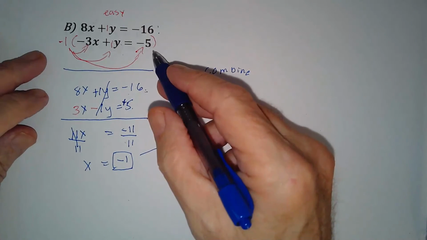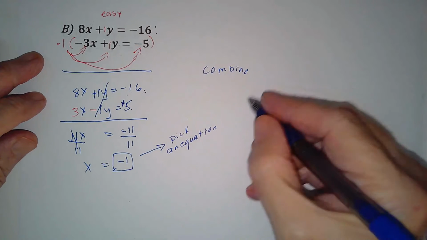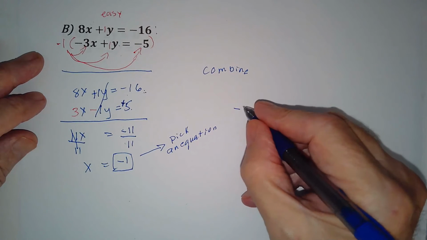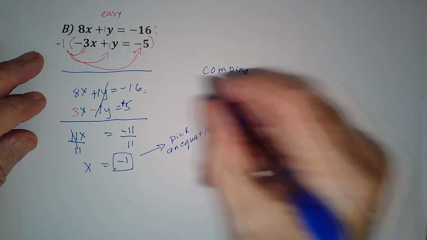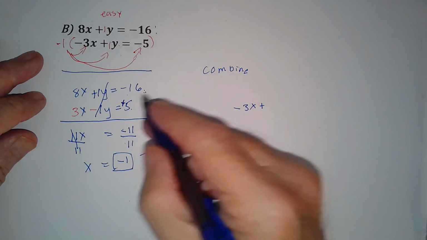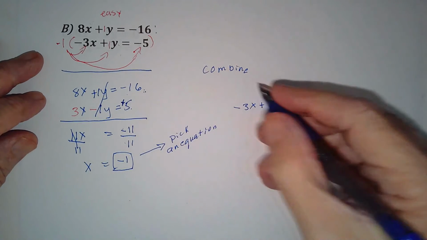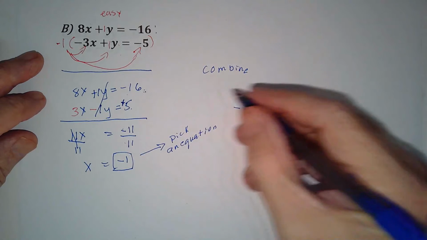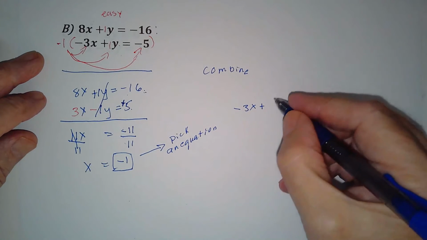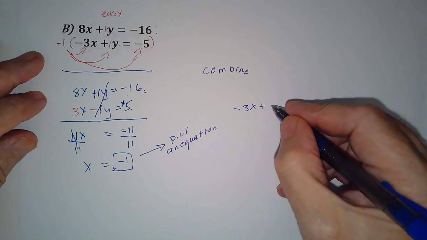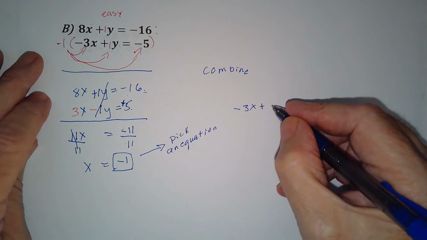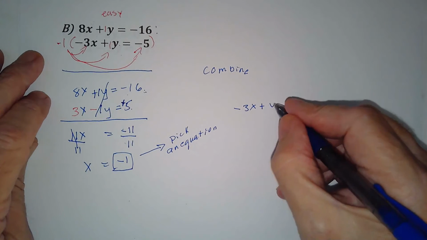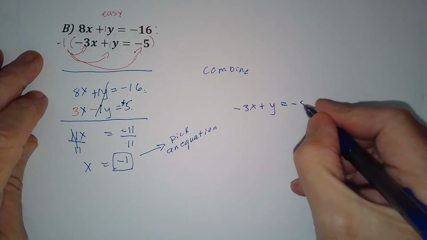Why? Because it's the smaller equation. It's just a little easier. So negative 3x plus y. Notice I go back to the original one. You don't want to mess with these down here because you could have made some kind of error in them, and you want to make sure that you keep it as simple as you can so you can check for your errors a little more easily. So negative 3x plus y equals negative 5, okay?